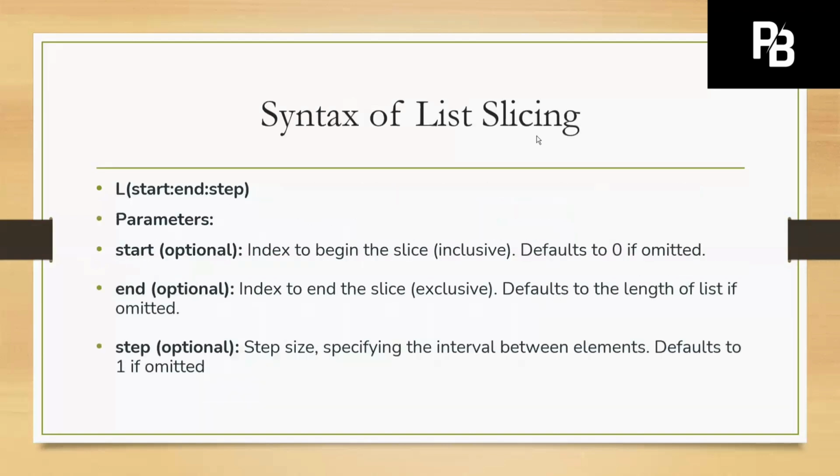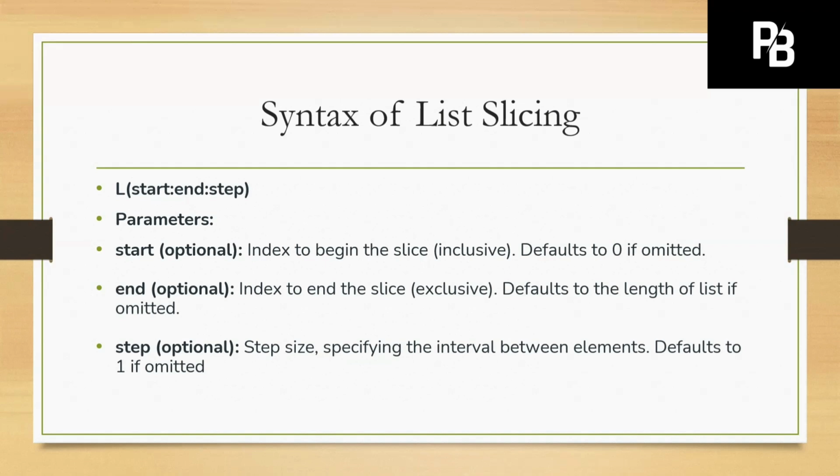Syntax of list slicing: we have a start value, an end value, and a step value also. The start value is the index to begin the slice. If the start value is not there, then by default it is 0. Similarly in the end case also, students: the end part is never included, it is excluded.